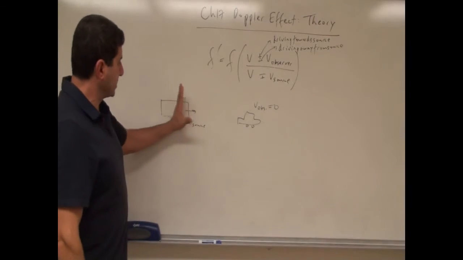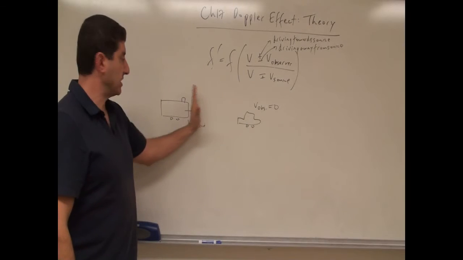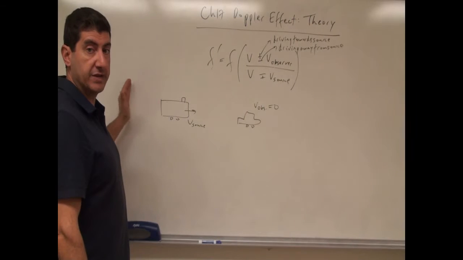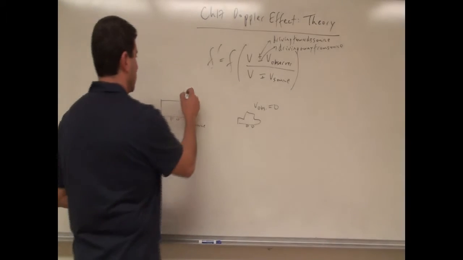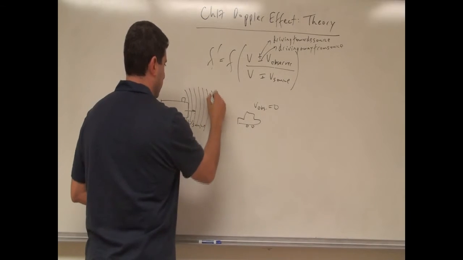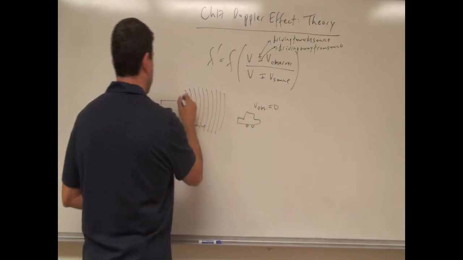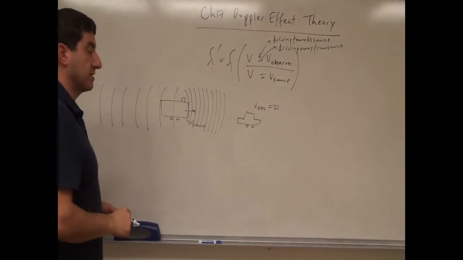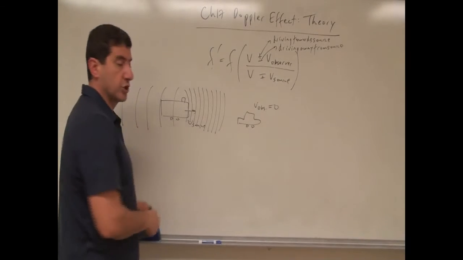In this case, the wave ripples that it creates in front of the source are shortened, and the wave ripples behind the source are lengthened, right? So it goes like this. And then these wave ripples behind it are actually lengthened. The ripples that it creates in front of it are shortened. Why?